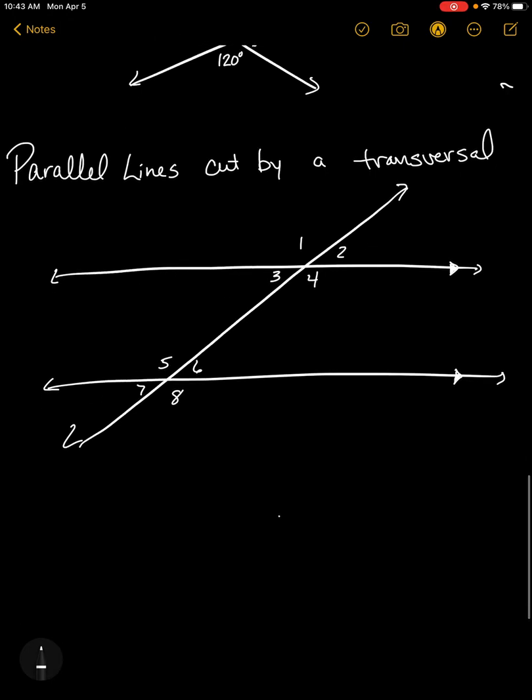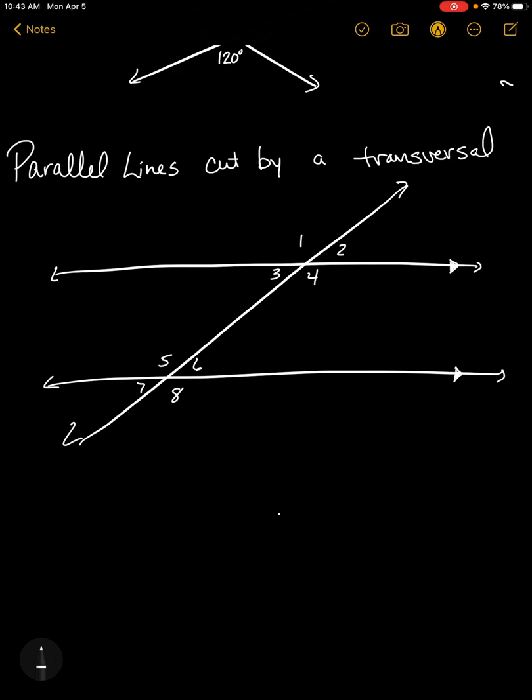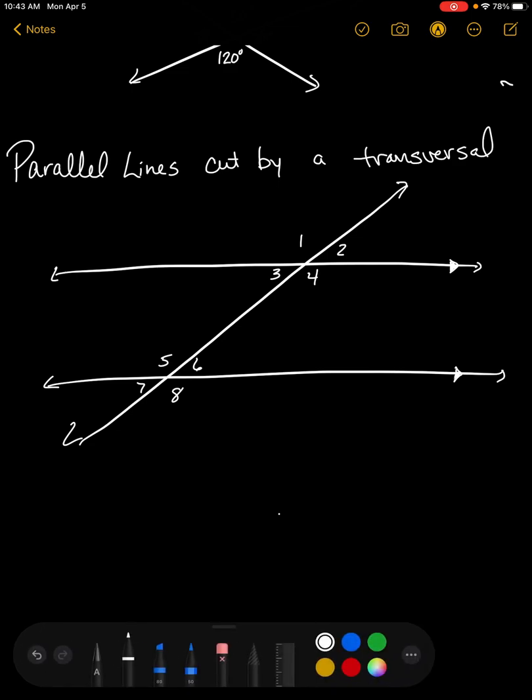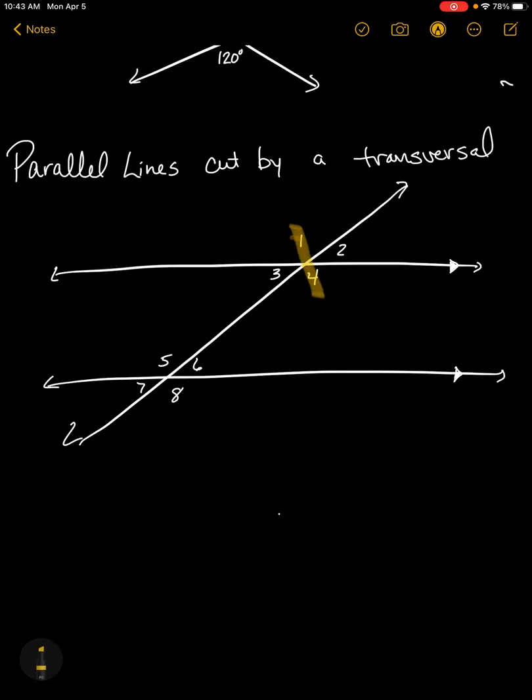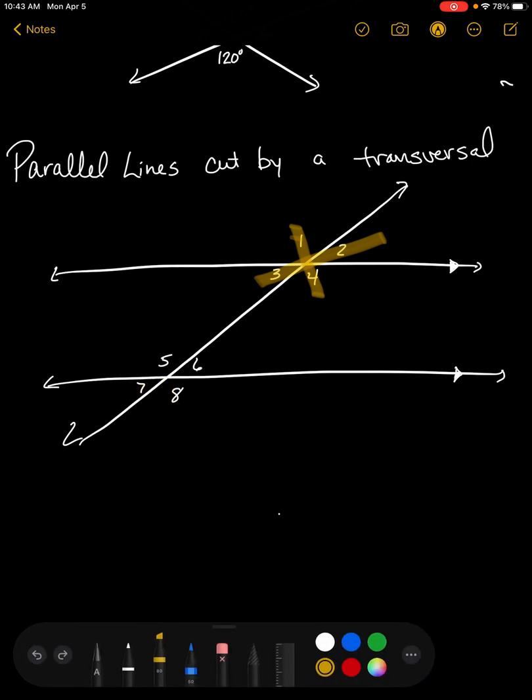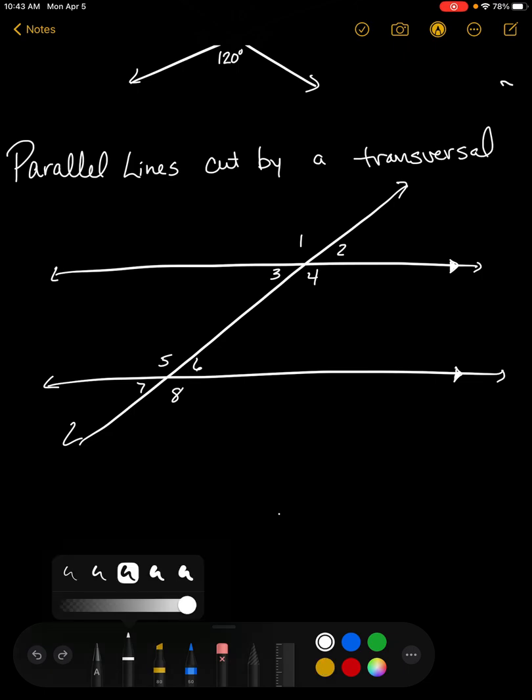Okay, so there's different angles made. There's many vertical angles made. Okay, so for example, a vertical angle that's made is 1 and 4. Those are vertical. 3 and 2 are vertical. 5 and 8 and 7 and 6 are all vertical. So they may ask you for the pairs of vertical angles. It just kind of depends.